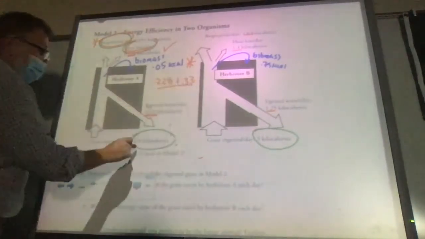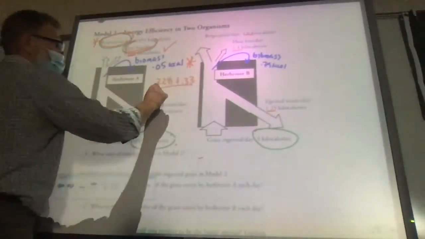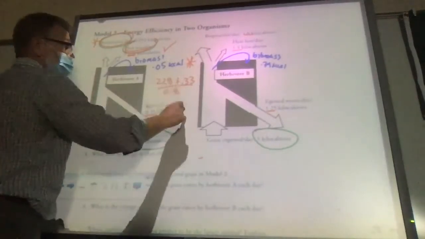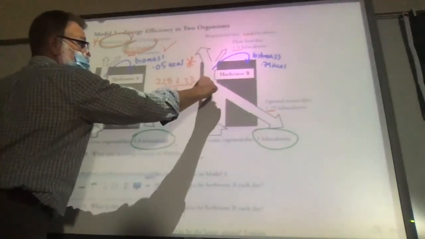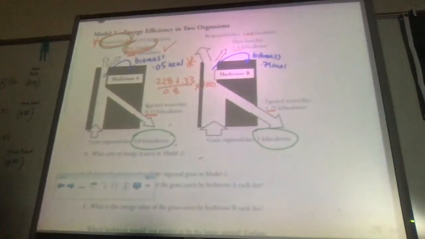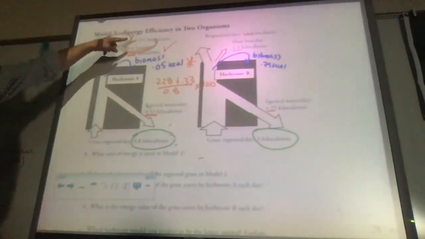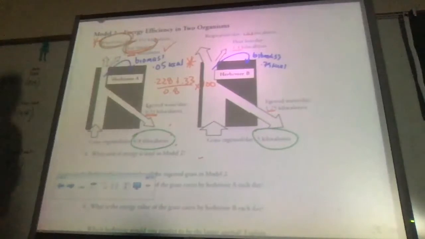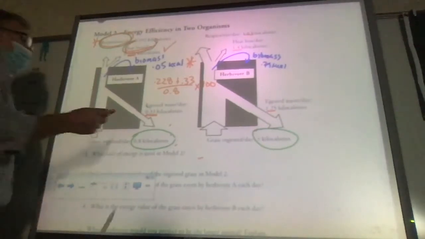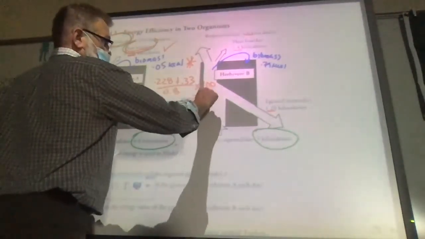We're going to divide that by the total, which is 0.8, and multiply the whole thing by 100. So I'm just taking the total energy loss due to heat loss and waste removal and dividing it by the total to get the percent. And if I work the math out, that comes out to about 70%.